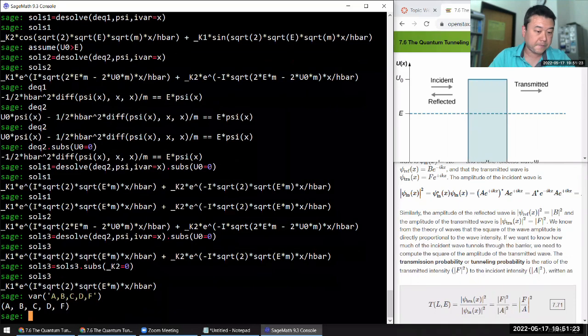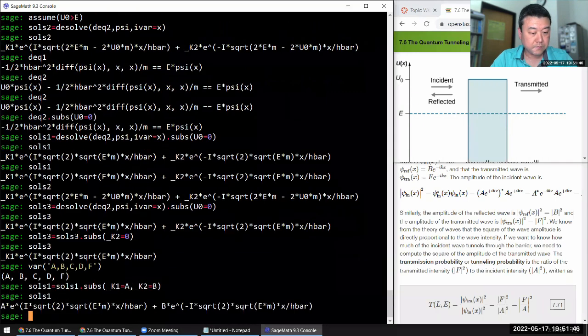So my solution 1 will have coefficients A and B. Let me just substitute those in. I'm doing this mainly so that the underscore K1 in different contexts don't get mixed up. So underscore K1 is equal to A, underscore K2 is equal to B for solution 1.